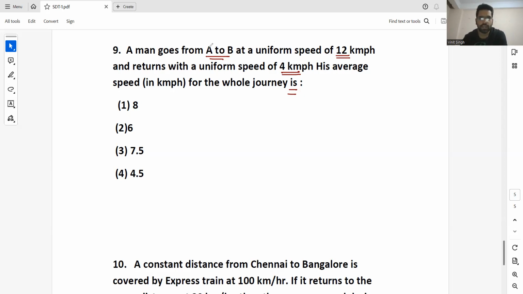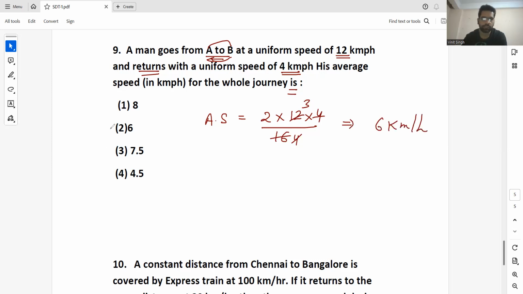Now, distance is constant, A to B and return B to A. So, we will apply average speed is equal to 2 into 12 into 4 upon 16, which is equal to 6 km per hour. Option number second.